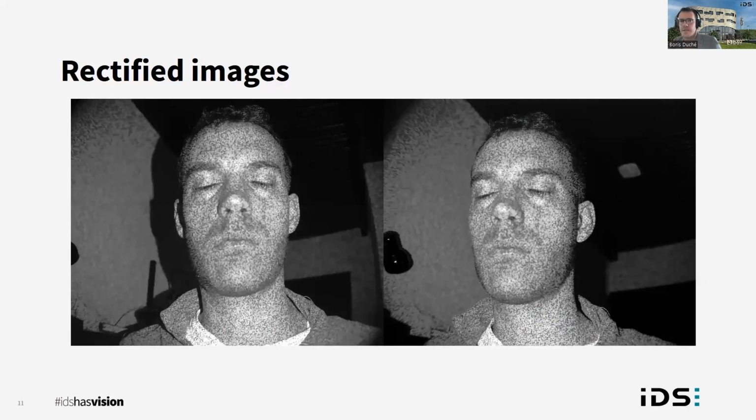Now that we have a better understanding of how the matching algorithm works, I would like to talk a little bit about the image rectification. This is an intermediate step that is performed by the driver of the stereo cameras before the matching algorithm actually. So the two images that come directly out of the two sensors that make a stereo camera, you have the left and the right images, and these images are not aligned.